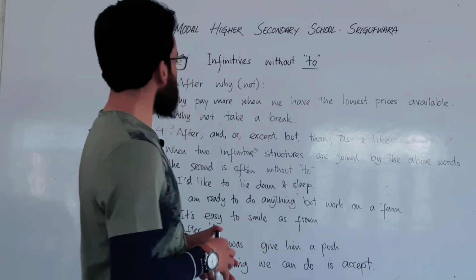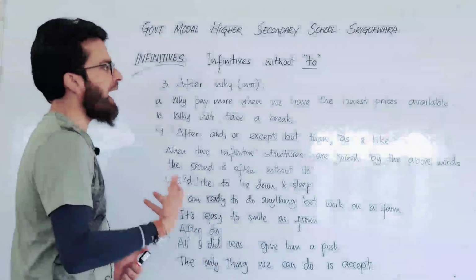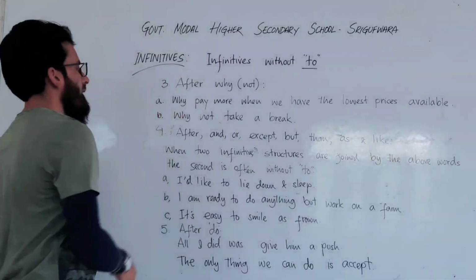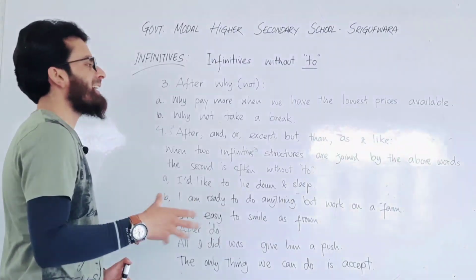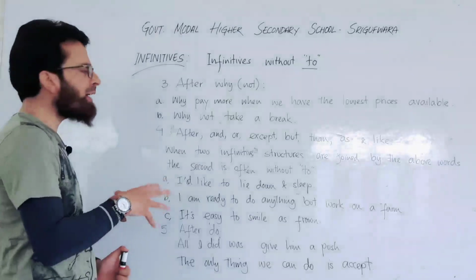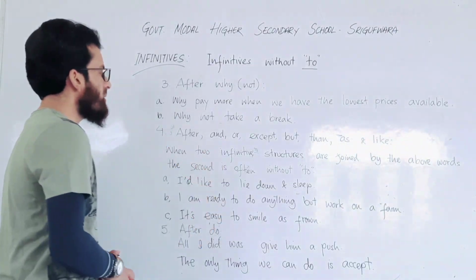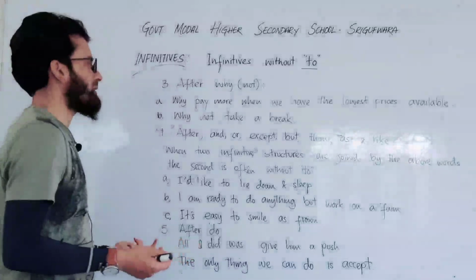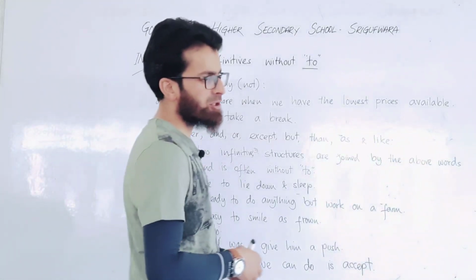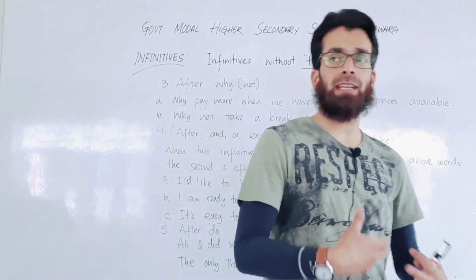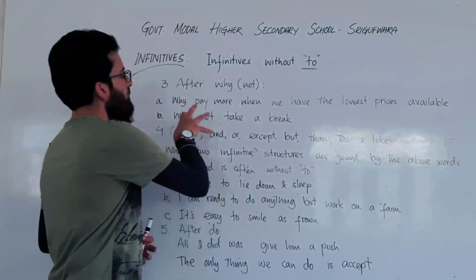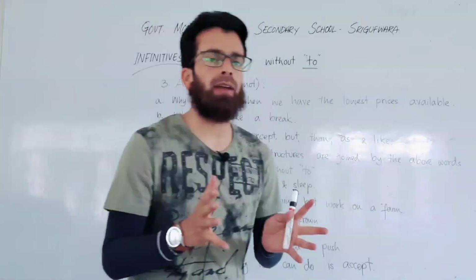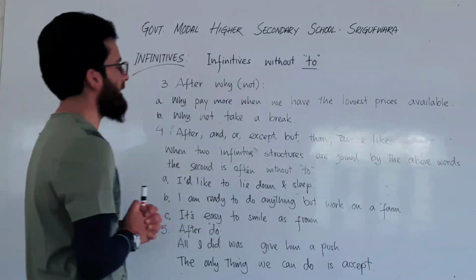The second example: why not take a break? Not why not to take a break. So when you have a structure that begins with why or why not, a statement or a question, you have to bring a bare infinitive. Why not take a break?